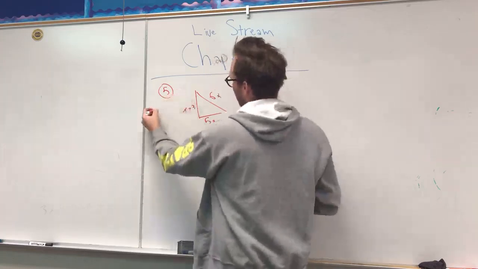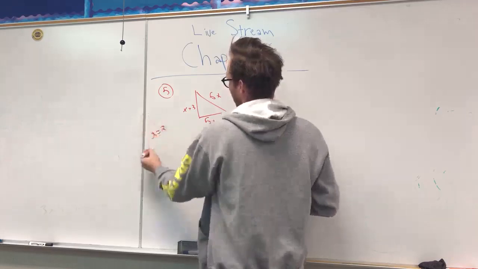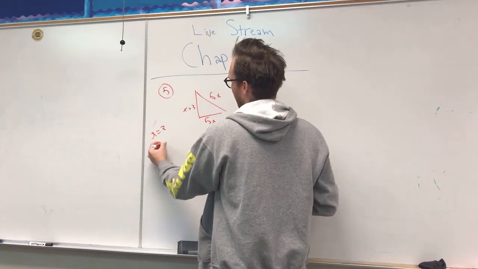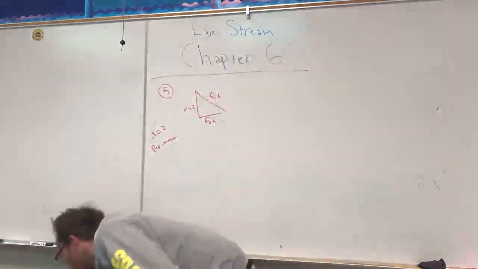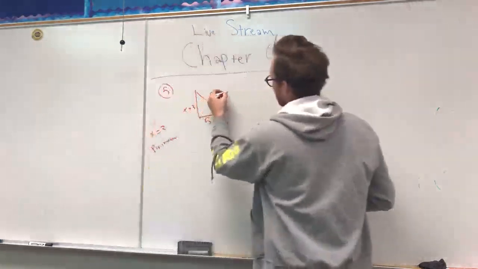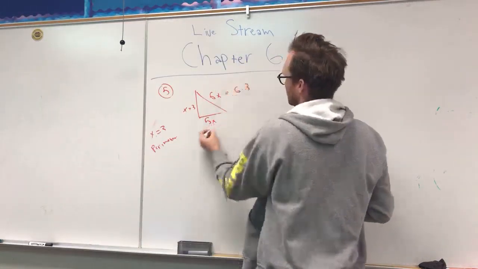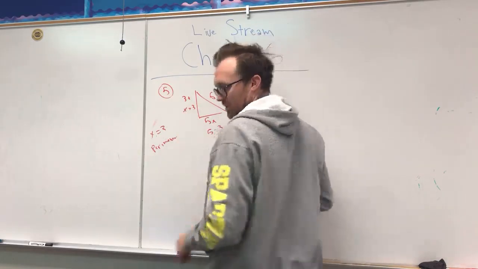Let's plug in. We know that x equals 3. It says it in the instructions. And we want to find the perimeter. So if I know x is 3, then I can figure out every side. This would be 6 times 3. This would be 5 times 3. This would be 3 plus 7, oh, I made a mistake.